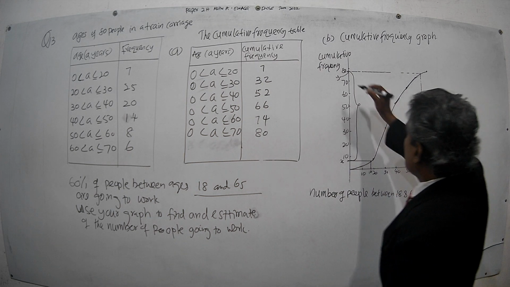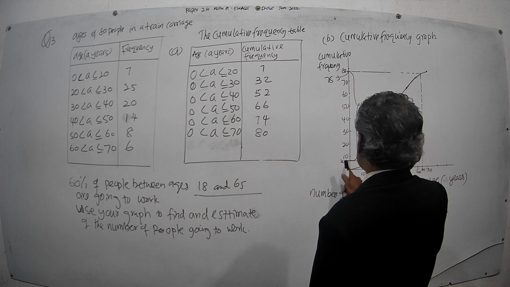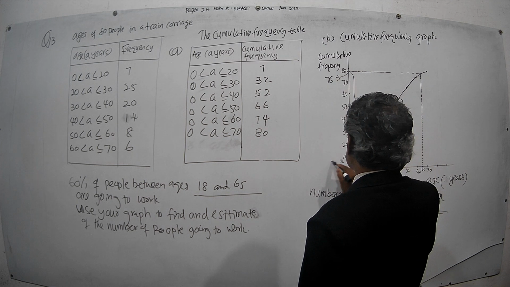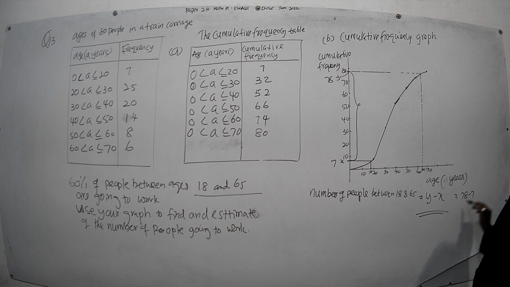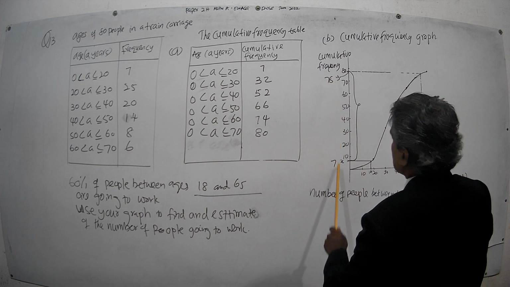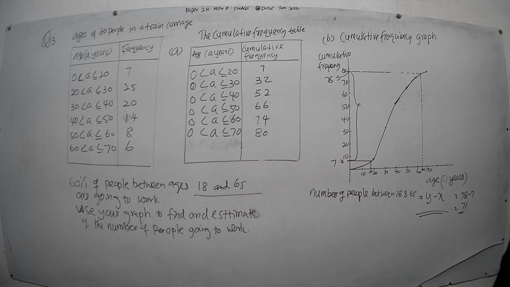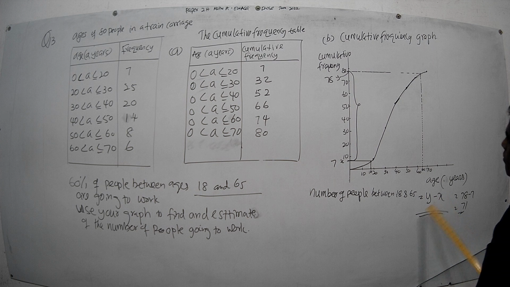Let's say, for example, y is 78 and x is 7. Then 78 minus 7 will be 71. So that will be the number of people. These are assumed numbers. Don't take this as the correct answer. This 71 is not the correct answer, but you have to find the x and y values correctly and substitute them to get the correct answer.